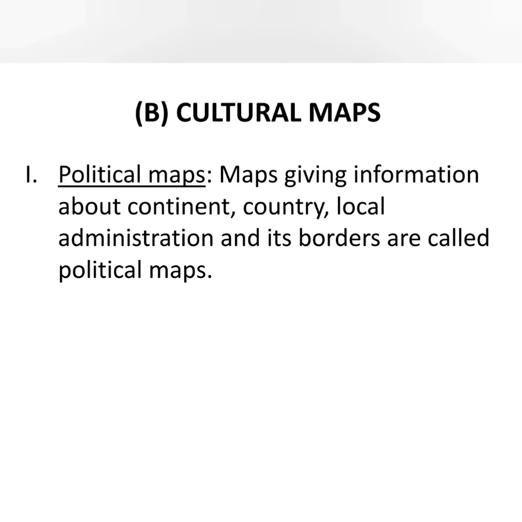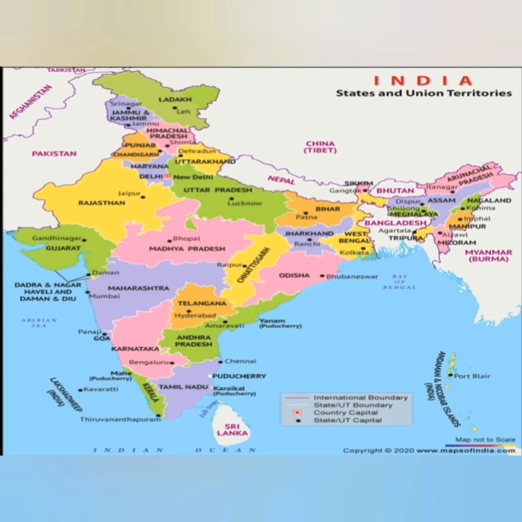Students, let's understand various types of cultural maps. First is the political map. Maps giving information about continent, country, local administration and its borders are called political maps. Let's take one example to understand it in a better way. Here you can see the map of India representing states and union territories.